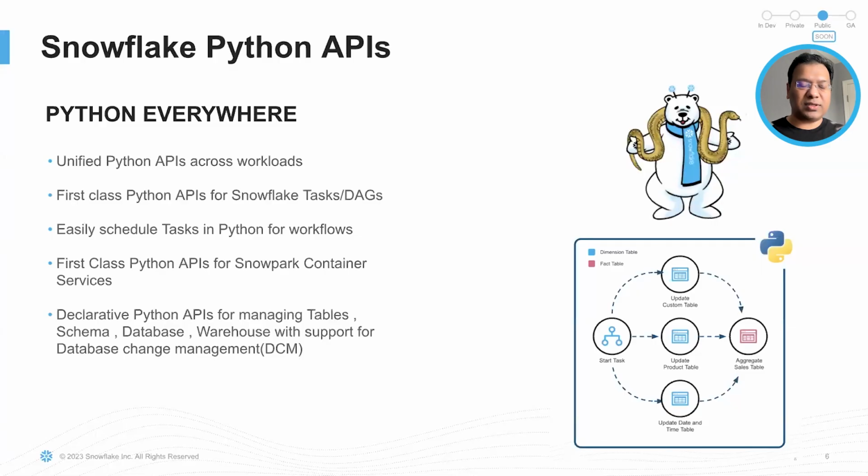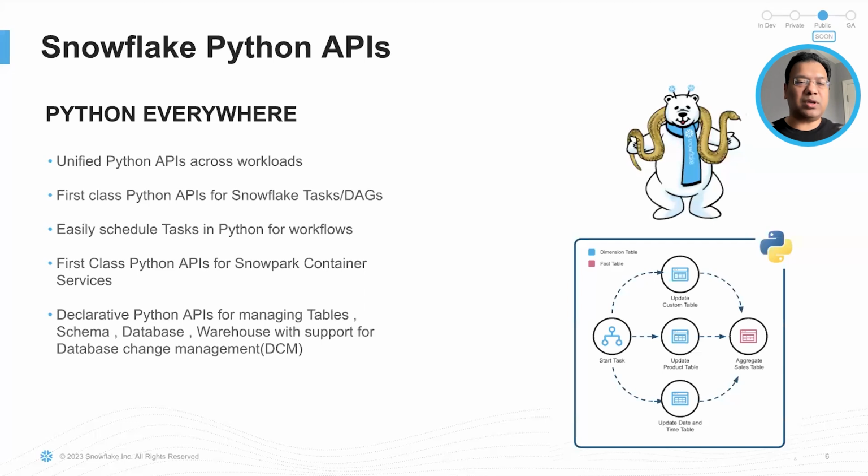One of the big features which we are launching right now is our Python APIs. The focus is to make sure we are spreading Python everywhere, which includes having unified first-class Python APIs across our workloads, which includes our data engineering resources. So you will be able to do management of tasks and DAGs with Python.